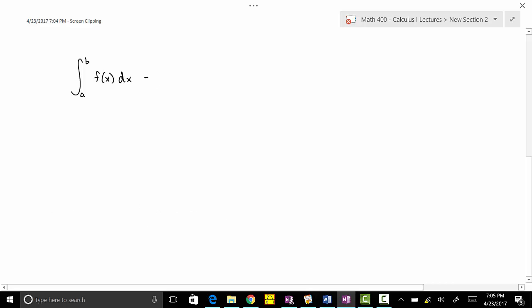It is defined to be the limit as n goes to infinity of the Riemann sum, i equals 1 to n of f of x sub i star delta x, right? And this is where delta x is equal to (b minus a) over n, right?